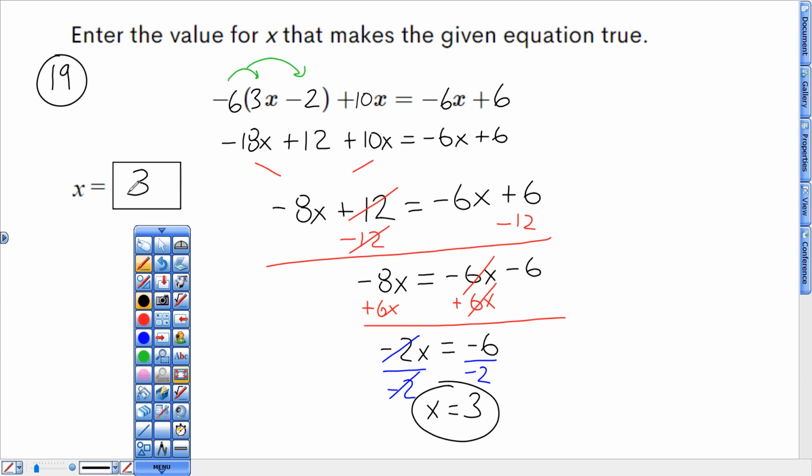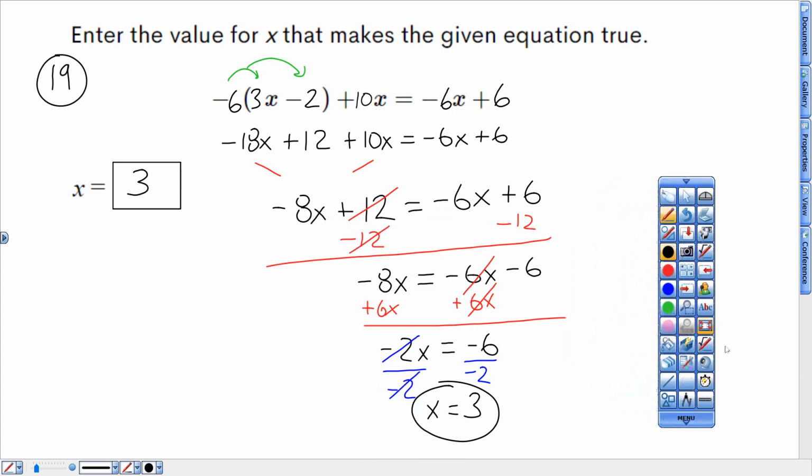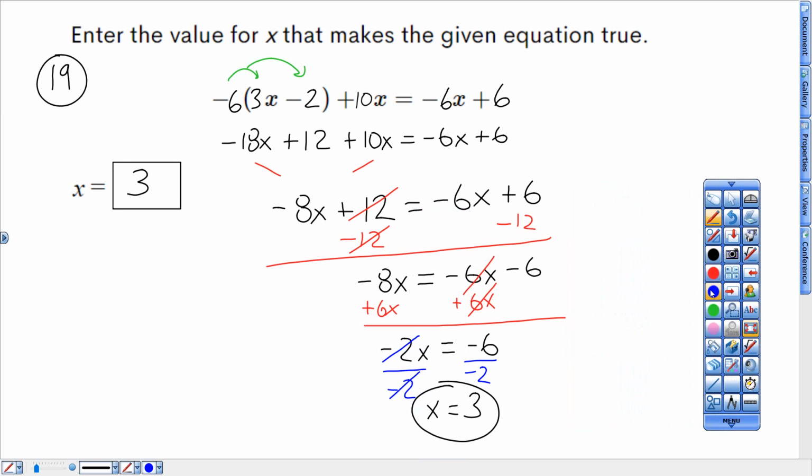All right, moving on. And again, for that one, I'd like you to try one. Let's see if I could make one up. Let's say -5 times 2x minus 3. I'd like you to distribute that, knowing your negative rules. And then that's going to be plus 3x.